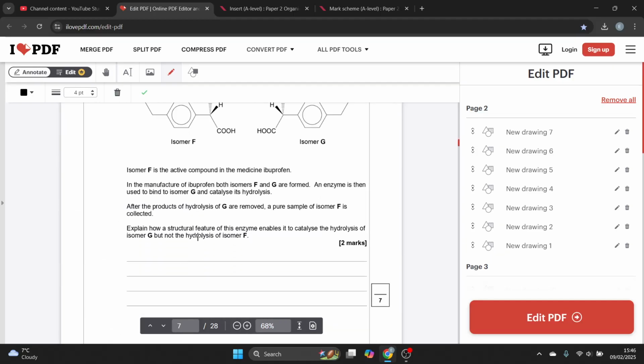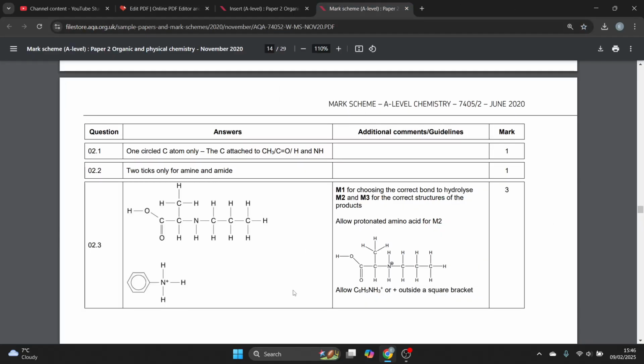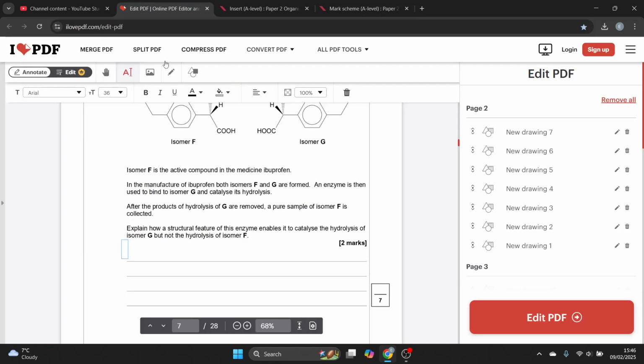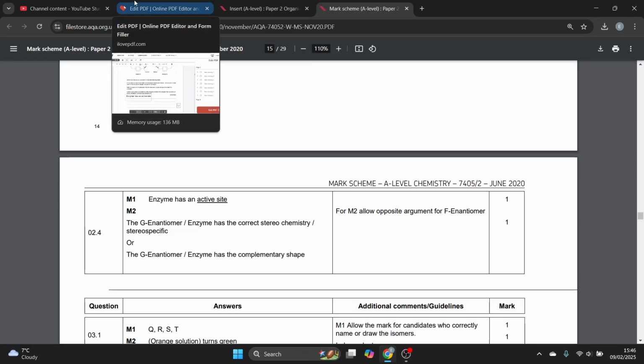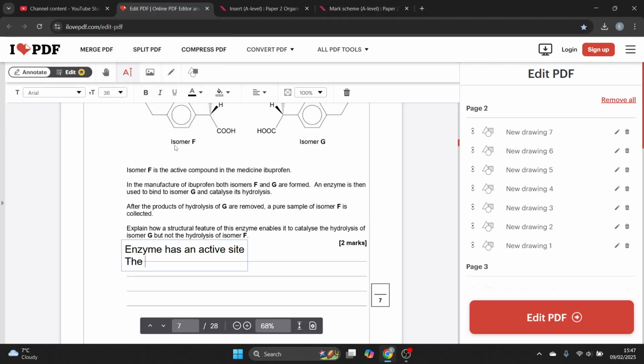Then it says, explain how a structural feature of this enzyme enables it to catalyze hydrolysis of isomer G, but not the hydrolysis of isomer F. The idea is that the enzyme has an active site, and the G enantiomer has the complementary shape.